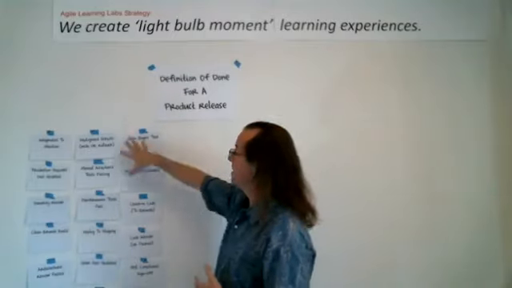So the way we usually start is we gather the team together and any important stakeholders as well, and we say, well, when we release our product, what is the stuff that we always have to do? If we've got a set of product backlog items and we're going to release them, what needs to happen? Where we're imagining we are in our exercise here is that we've done the first part of the exercise with the team.